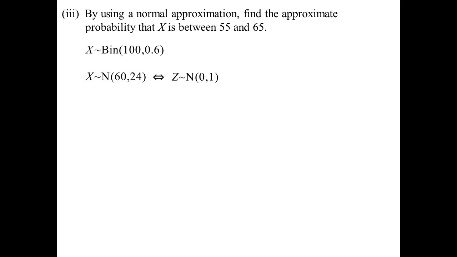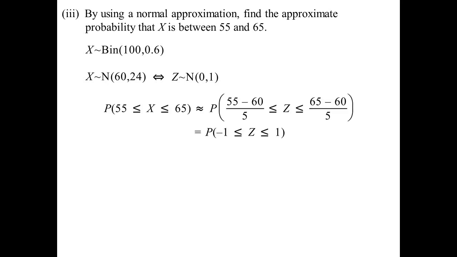We'll standardize it, so we've got our typical average of 0, variance of 1. Between 55 and 65 becomes that Z will be in between, and it actually works out really nicely. They made the numbers nice, but in between -1 and 1.